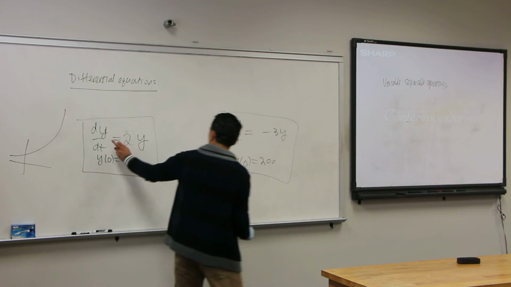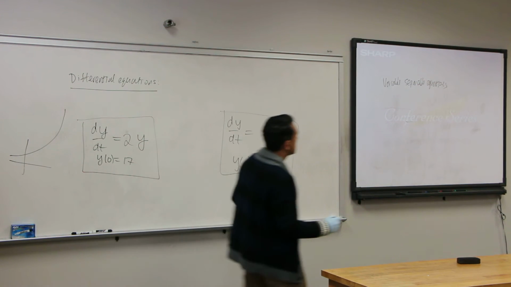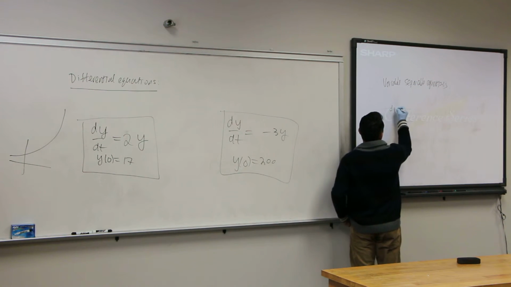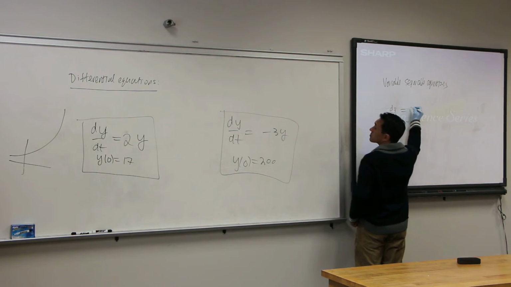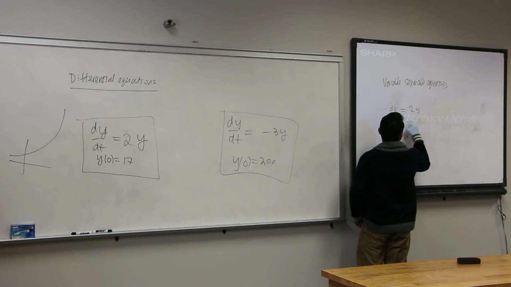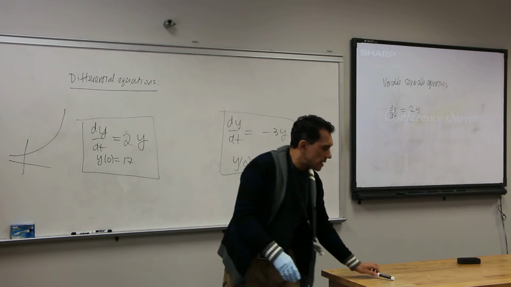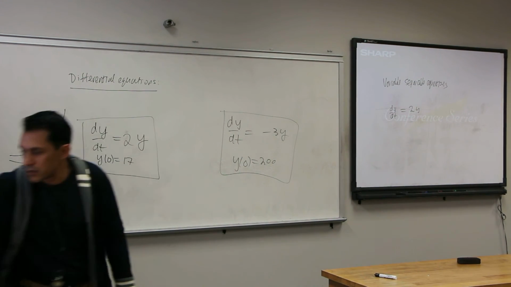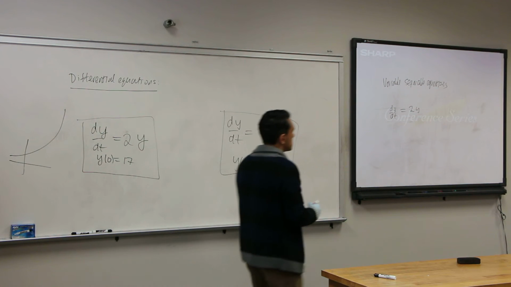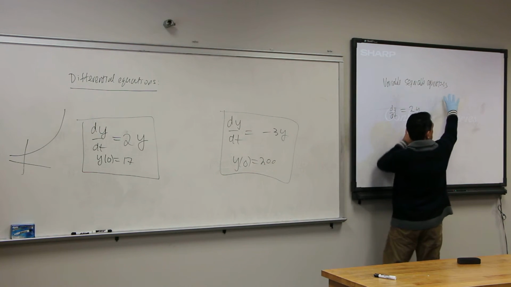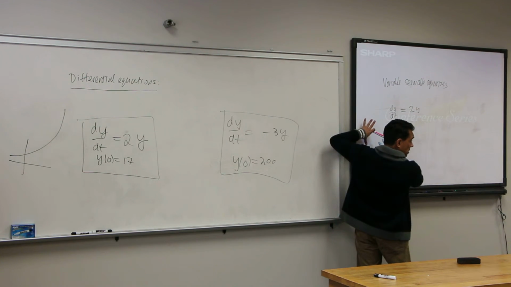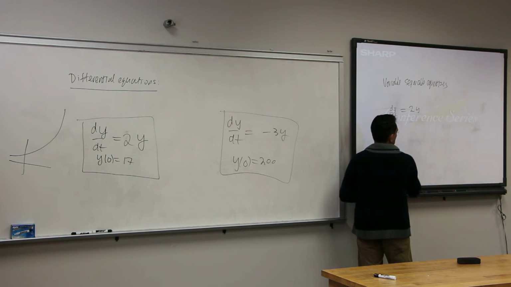So let me give you this example here. We separate the variables. We take the dt's to one side and the y's to the other side.